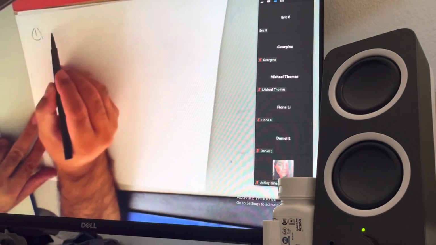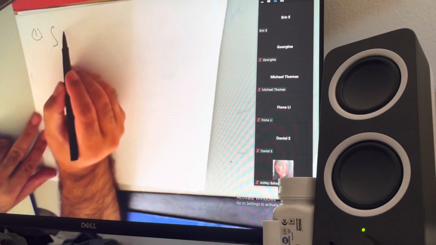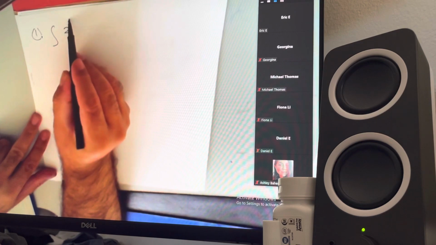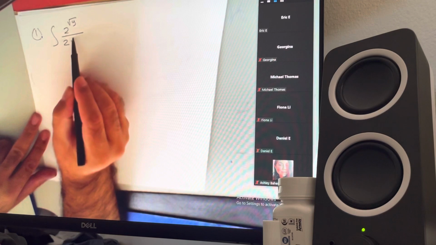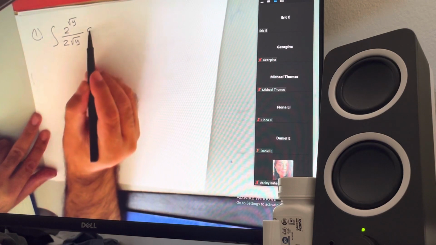The first one, I will ask you to do 2 to the power of the square root of y, over 2 times the square root of y, dy.